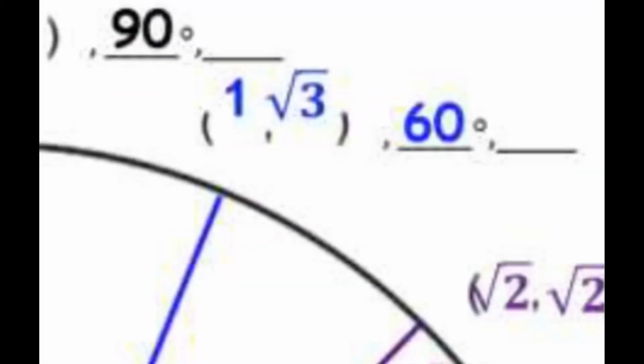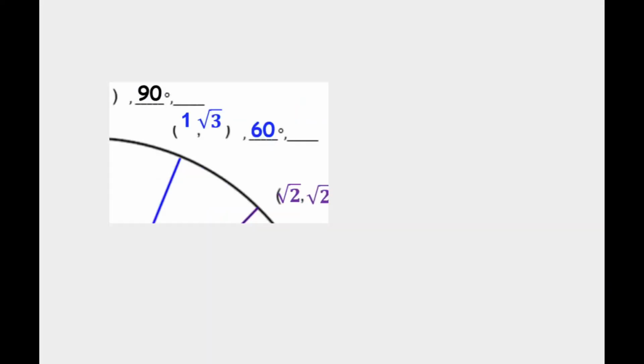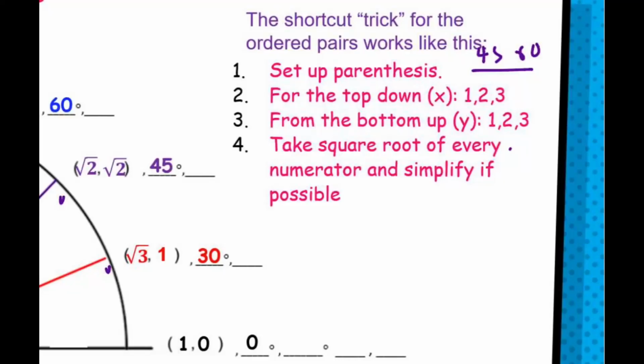So I don't want to mess up my paper by writing this and then having to rewrite the square root of 1 as 1. The square root of 1 is a perfect square, so we're just going to leave that like that. Okay, so take the square root of every number. We don't need to say numerator.